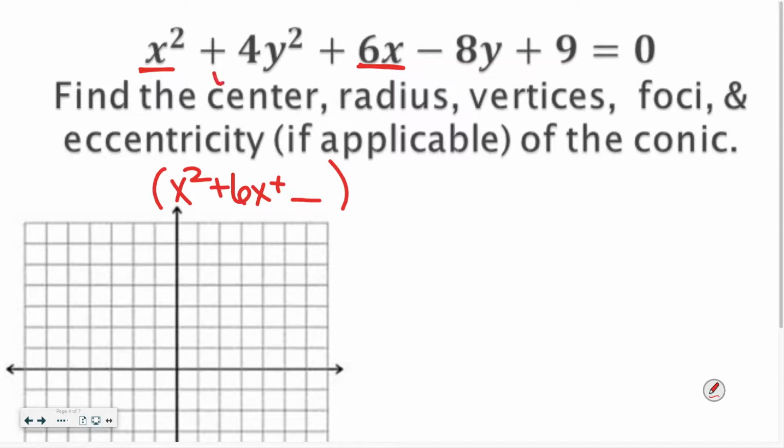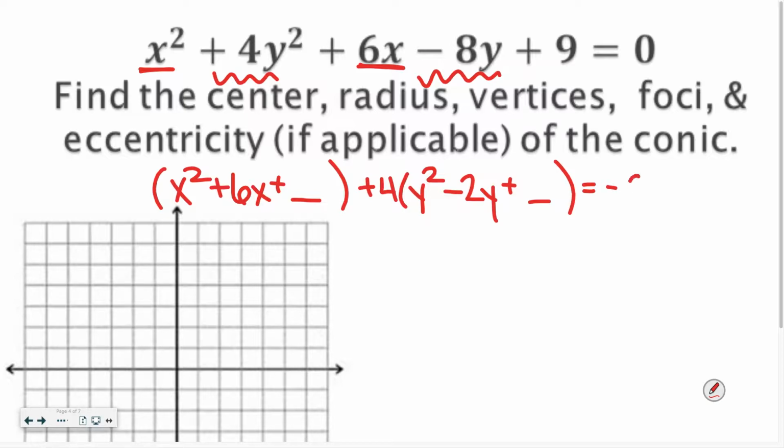And we need to group 4y squared and negative 8y together. But didn't I tell you you can only complete the square if your leading coefficient is 1? So we're going to need to factor out a 4 from y squared minus 8y so that we can complete the square. And then I'll move 9 over and account for the 2 mystery numbers we're going to have to add to the left side. We also need those on the right side.